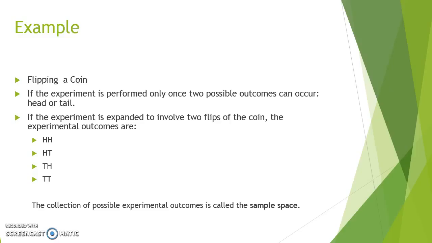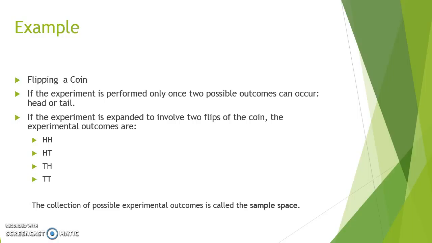However, if the experiment involves 2 flips of the coin, the experimental outcomes are: we will get heads on the first flip and heads on the second flip. We could get heads on the first flip, which is what the H stands for over here, and tails on the second flip, tails on the first flip and heads on the second flip, tails on the first flip and tails on the second flip as well.